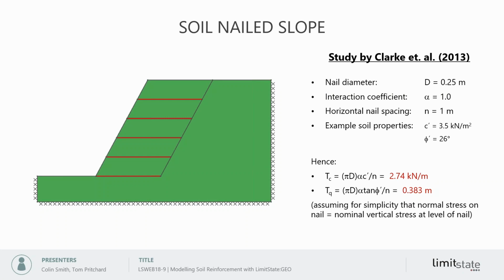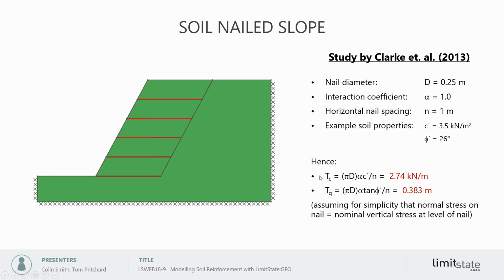So basically we're looking at a fairly steep slope in a soil with a cohesion intercept of 3.5, angle of friction of 26 degrees. We've got 0.25 meter diameter nails. We're going to assume full interaction with the soil and a horizontal spacing of 1 nail per meter. If we take those properties, we can calculate the pull-out capacity of the nail per unit length.